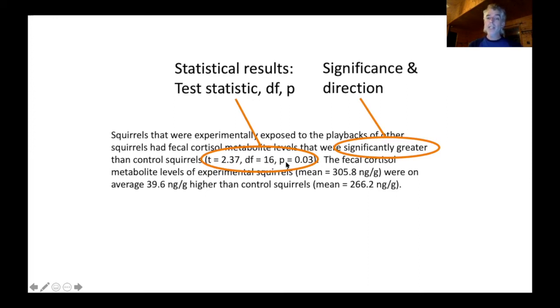In addition to indicating the significance and direction and supporting statistical results, I've also indicated some measurement of the effect size. How big was the effect in biological units beyond just the statistical results? And so this represents all of the things that we really want to include in the results sections when we're reporting the results of our statistical analyses.